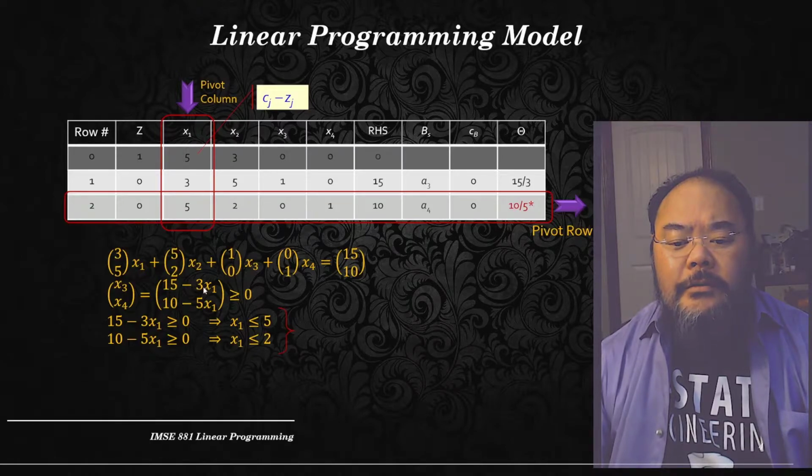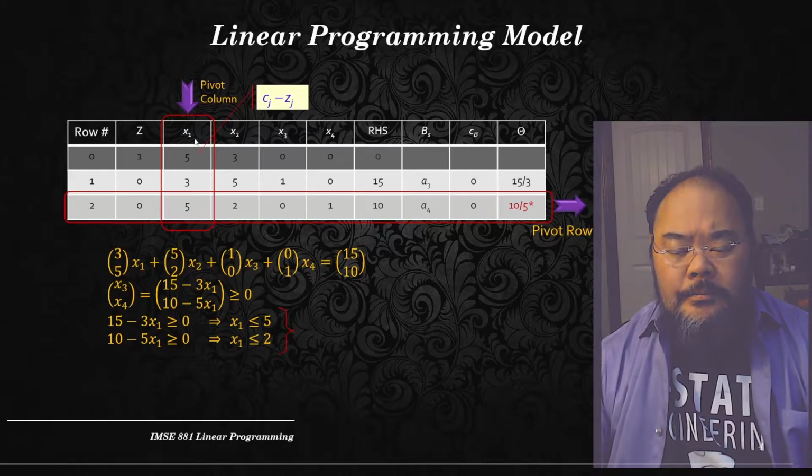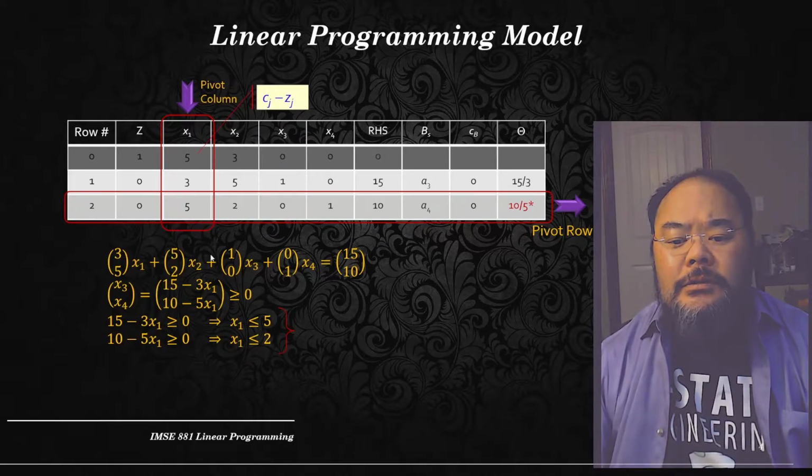So 15 minus 3x1 and 10 minus 5x1, since x1 is entering. x2 is non-basic, and it stays non-basic for the next iteration.